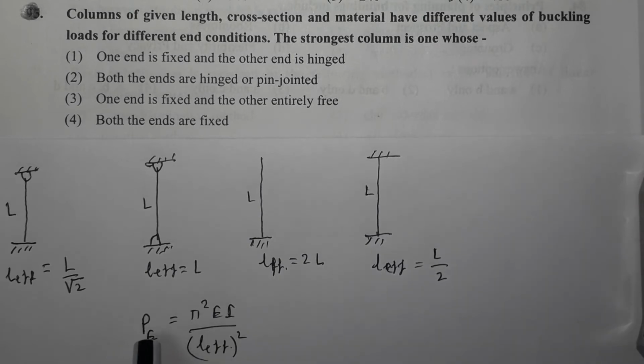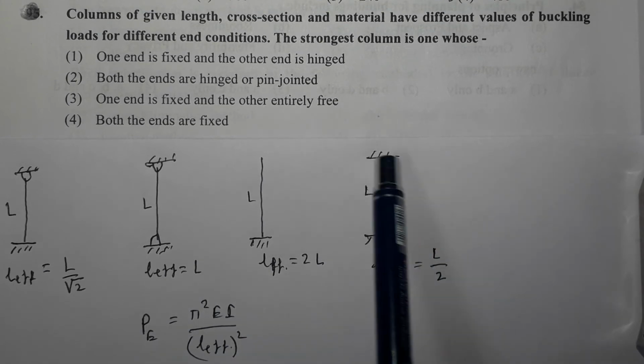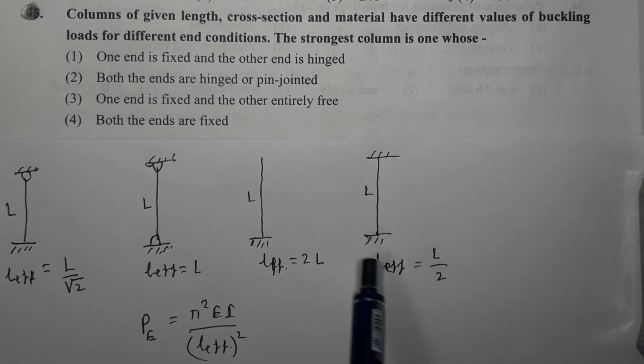Now here, Euler's load will be more if effective length is lesser, so it is inversely proportional to the effective length. That is why out of these four given conditions, the lesser value of effective length should be obtained, and the minimum effective length occurs when both ends are fixed.